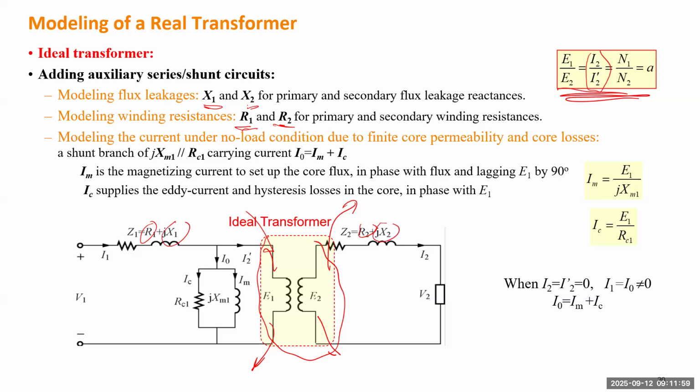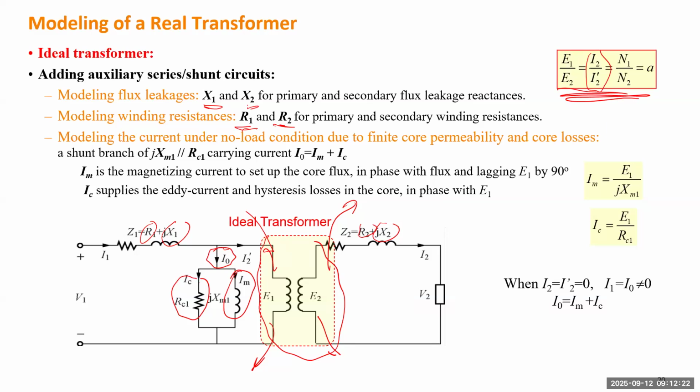And also, to build up the magnetic field, you do need to give the transformer a little current before it can function normally. That current will contribute one part to build up the magnetic field, and the other component will generate some loss due to the eddy current.